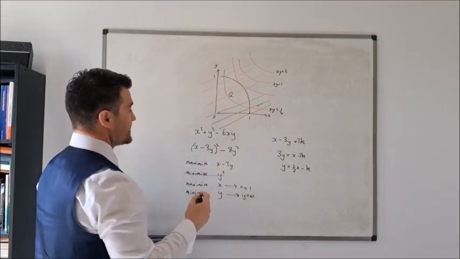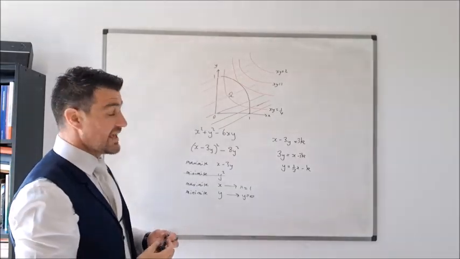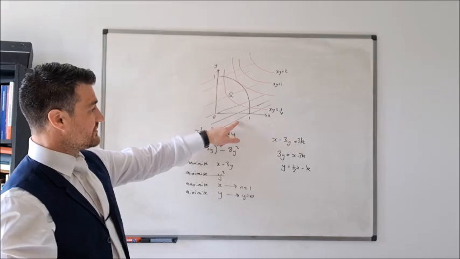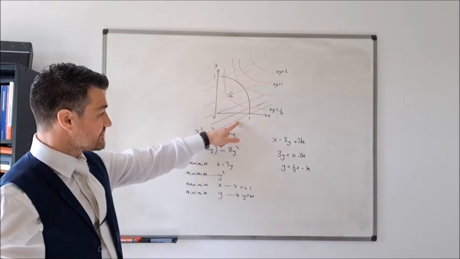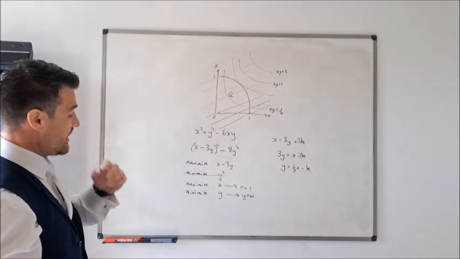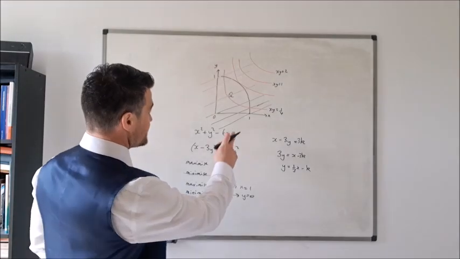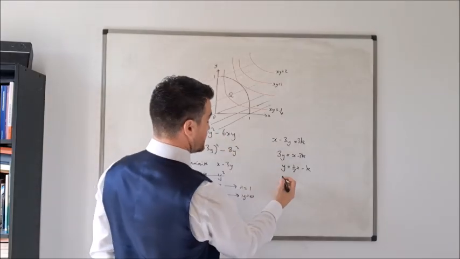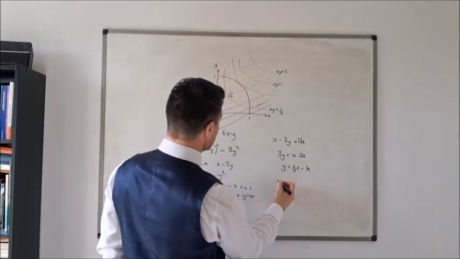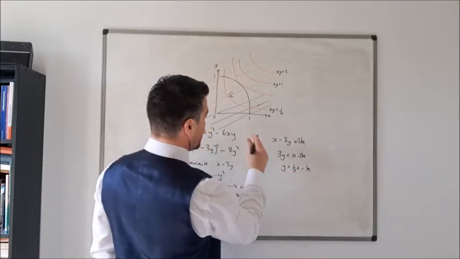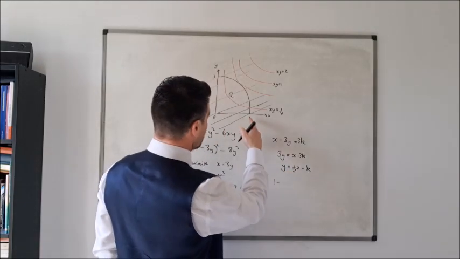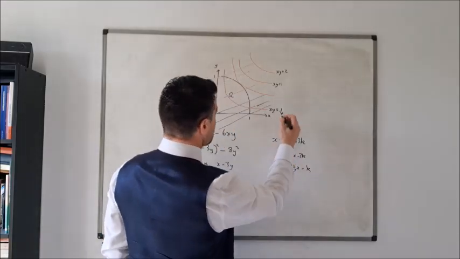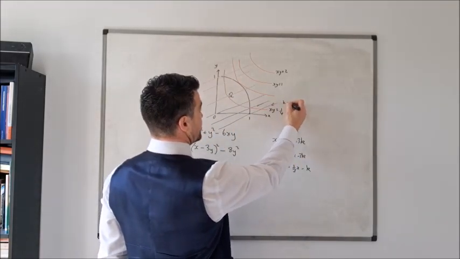Okay. So where is the maximum value of k here? Well, it turns out to correspond to this line at the bottom. When will that be? When x is equal to 1, 1 minus 3 times 0 is equal to 1, so this corresponds to when k is equal to a third.